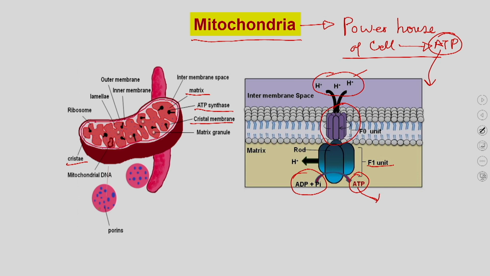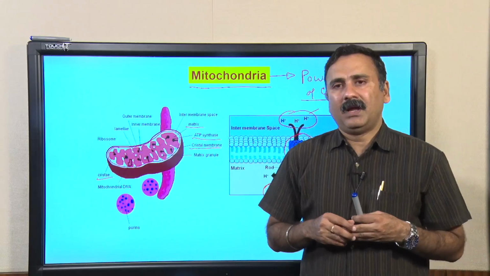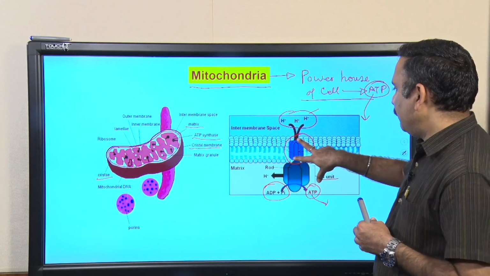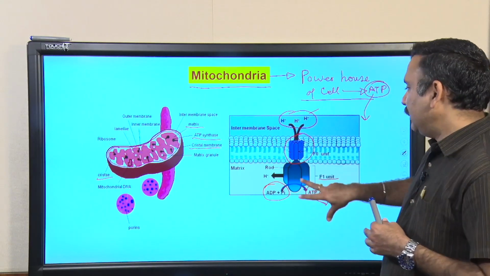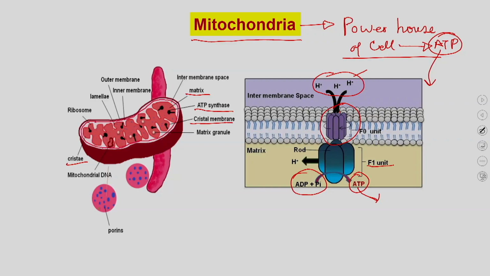In a typical ATP synthase, as I said, you have two subunits, one is called FO, another one is called the F1 unit, and the FO unit consists of three different proteins, called A, B and C, and the FO subunit is a membrane bound subunit, whereas the F1 particle is present inside the matrix, and that also contains different types of proteins.